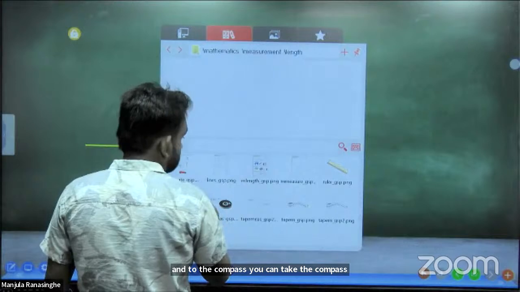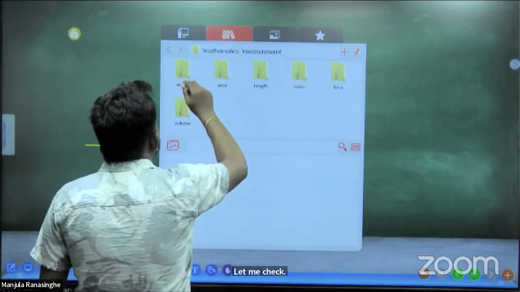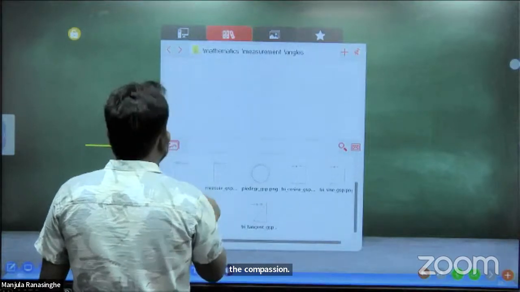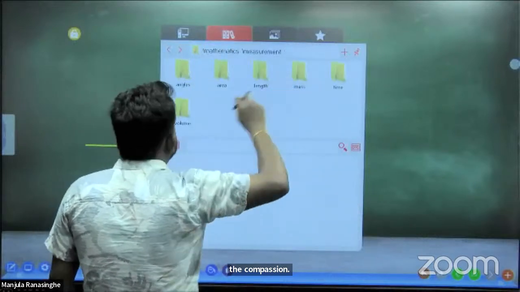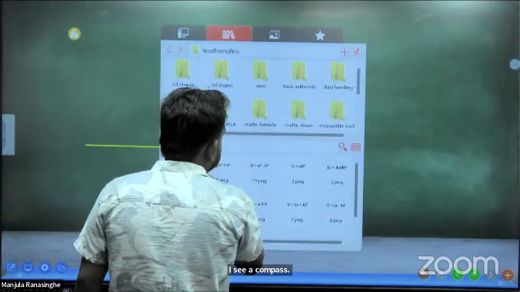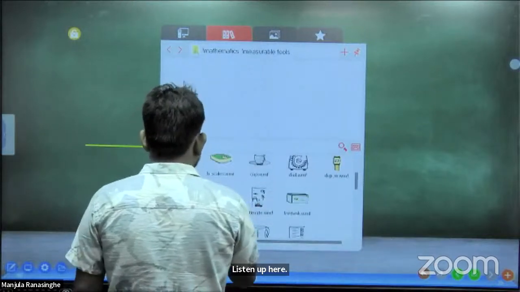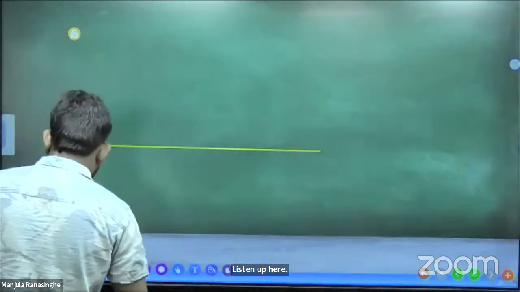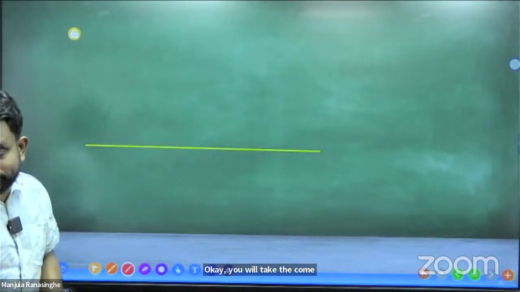Then take the compass, and to the compass take the given length.